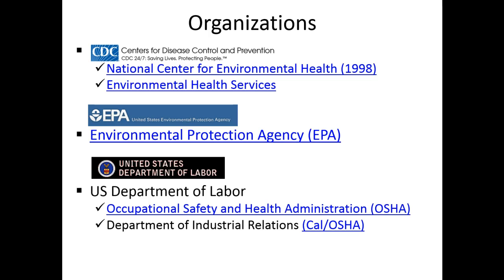Third, under the United States Department of Labor is the Occupational Safety and Health Administration, or OSHA. And in California, we have the Department of Industrial Relations, which is Cal-OSHA. These two organizations protect us in the workplace to make sure that we are not exposed to dangerous materials, chemicals, or otherwise.